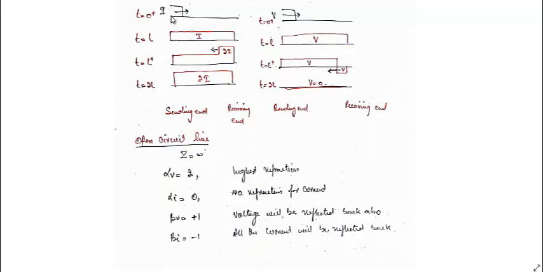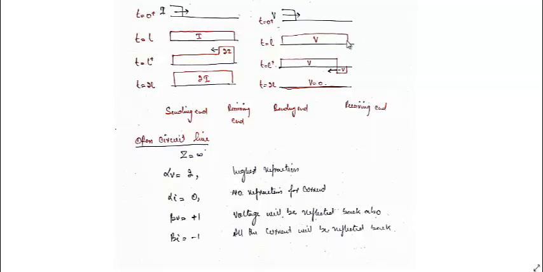This is the step wave voltage at the sending end. When they travel to the receiving end, almost all the current and voltage will be received at the receiving end.